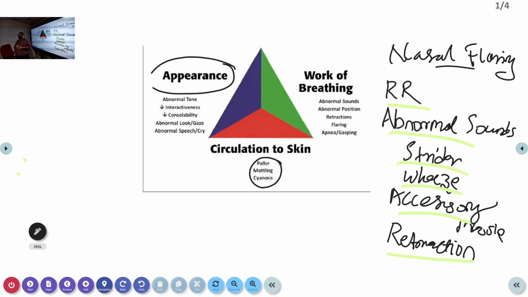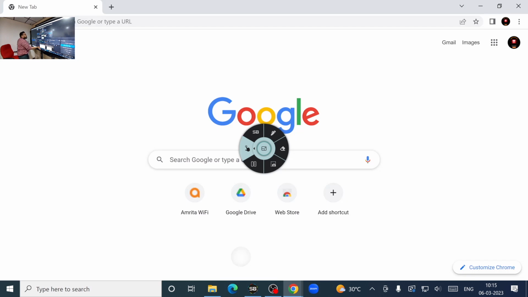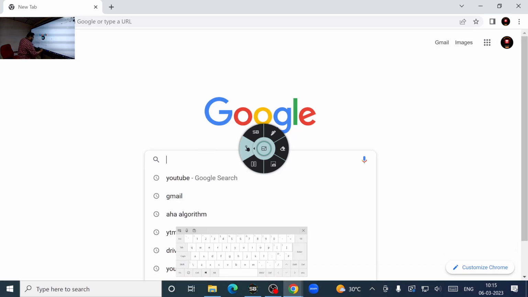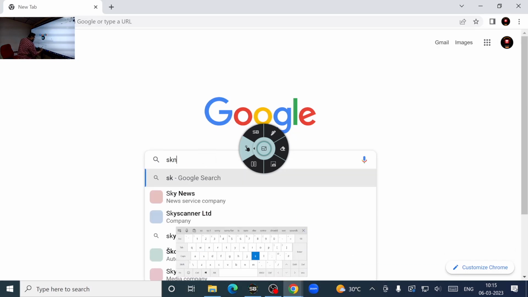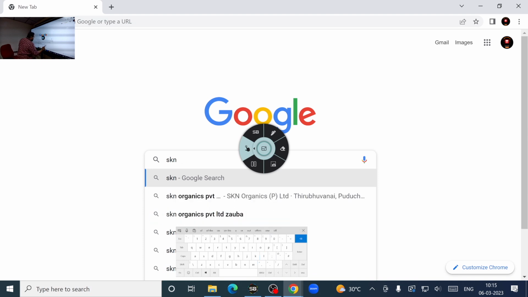I can show you a picture of how mottling will look. We will just see here. Skin mottling.